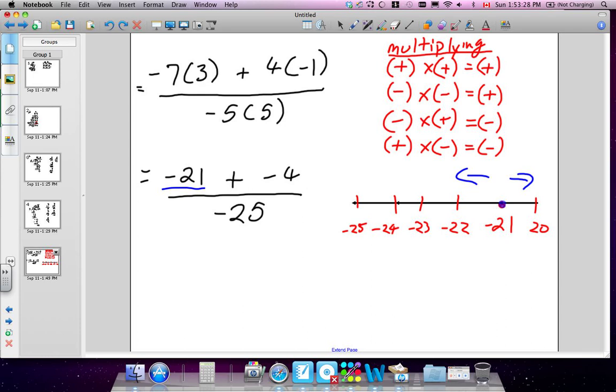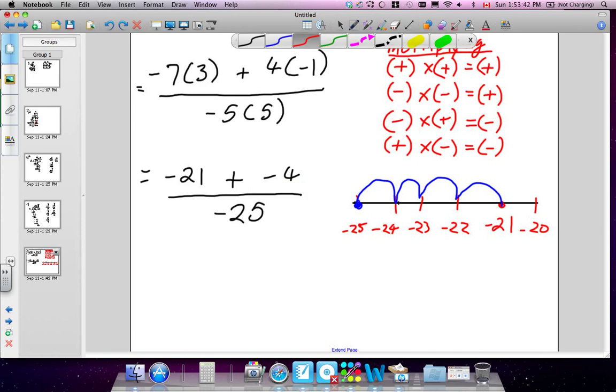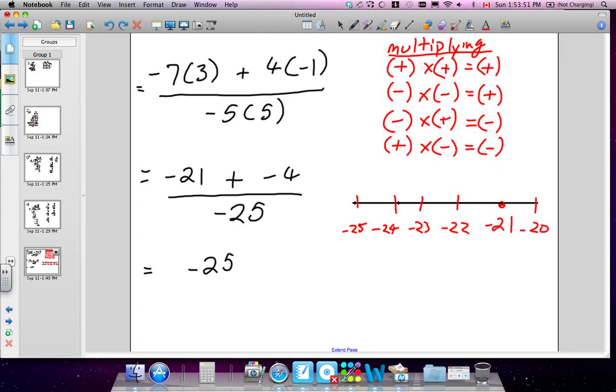Left, that's right. Because we're going left, I go 4 spaces to the left: 1, 2, 3, 4. What am I at now? -25. So -21 plus -4 is -25. I just bring down the bottom part, divided by -25.